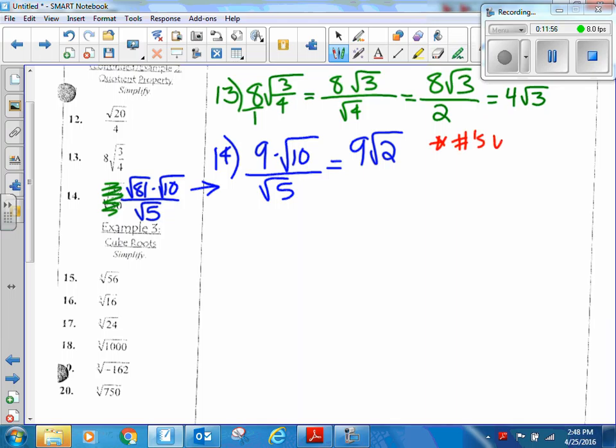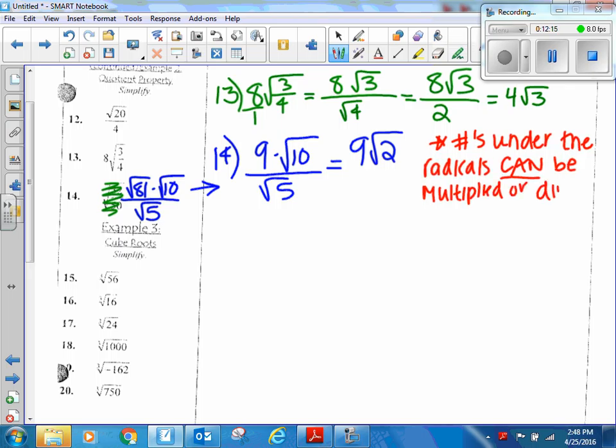Numbers under the radicals can be multiplied or divided together. Okay, so remember that. It's important to know.